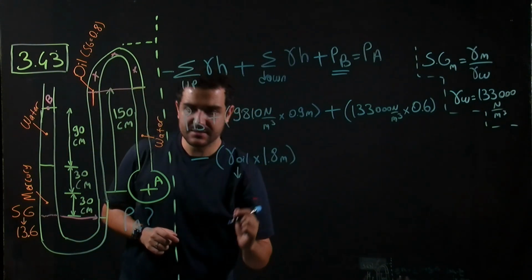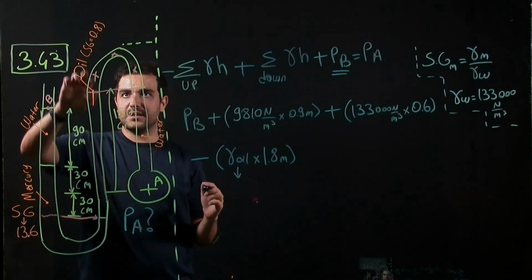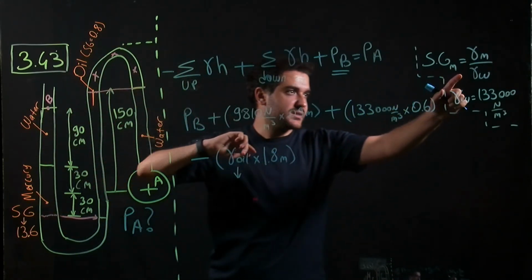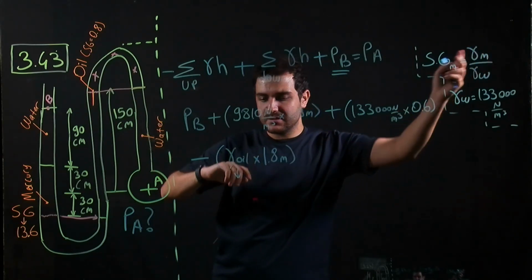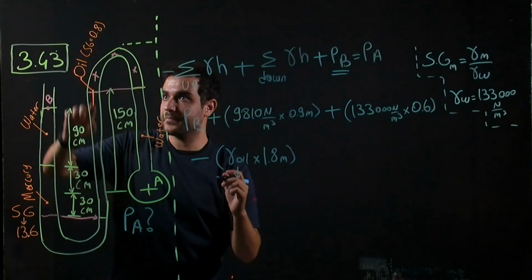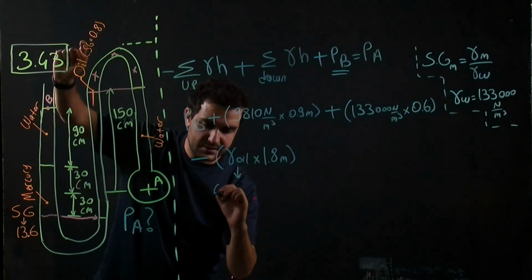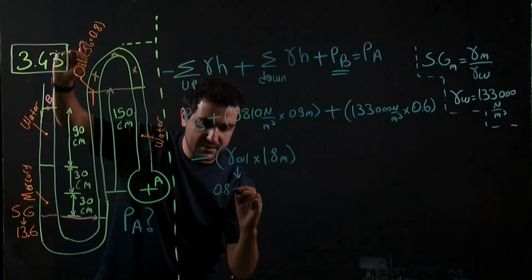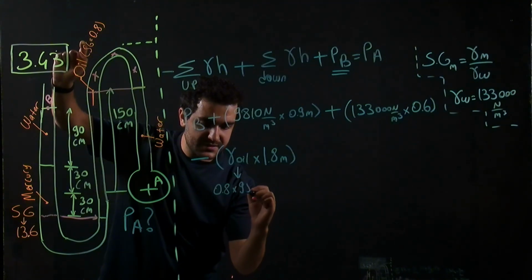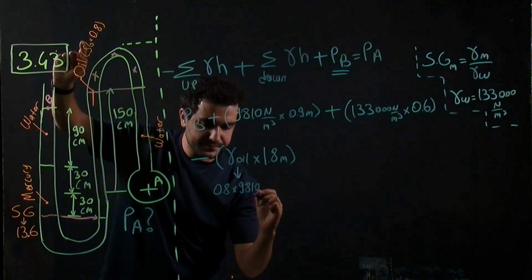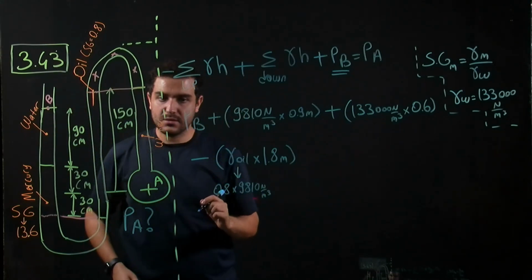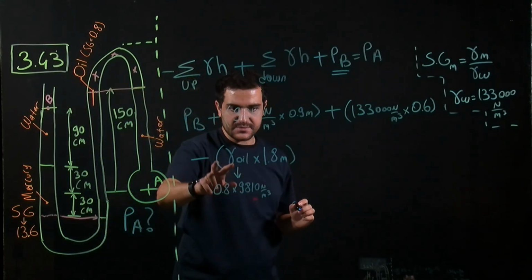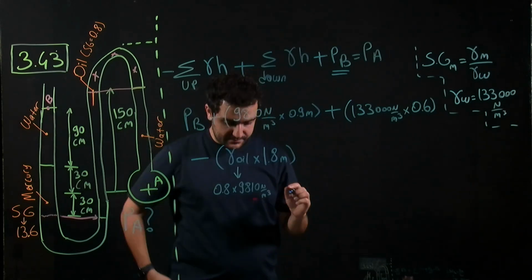And to find this, we can do this calculation. Similar to mercury, we can calculate specific weight of oil. So it will be specific gravity of oil, which is 0.8, times the specific weight of water. And this is going to give the specific weight of oil.